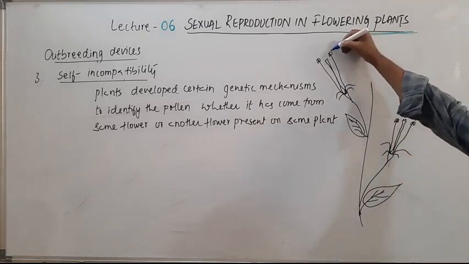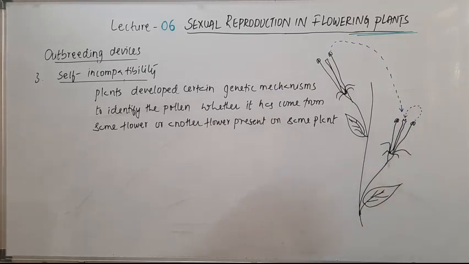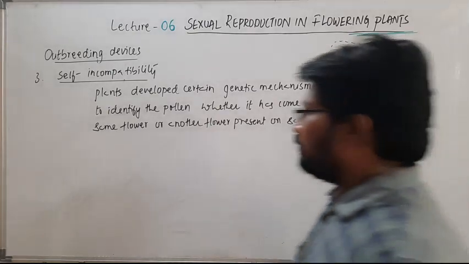This pollen may also come and settle on this one. In both these cases, it is going to identify that pollen and reject it, right?